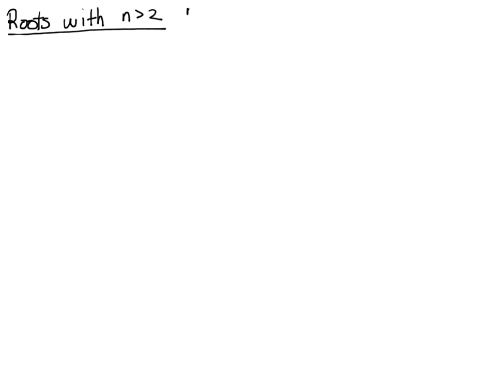Okay, so let's say we have roots with an index that's greater than 2. Now this takes a little bit more thought. When we took the square root of something to rationalize, we're always looking for exponents that are multiples of 2 to simplify.